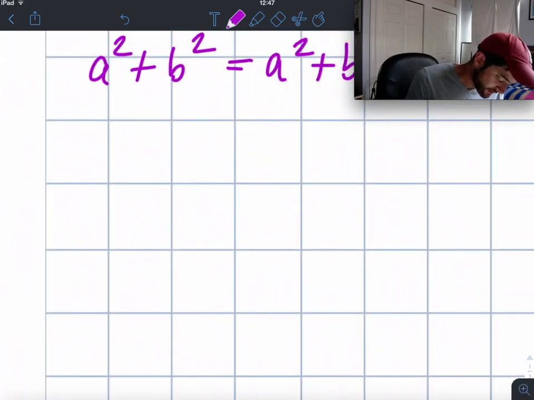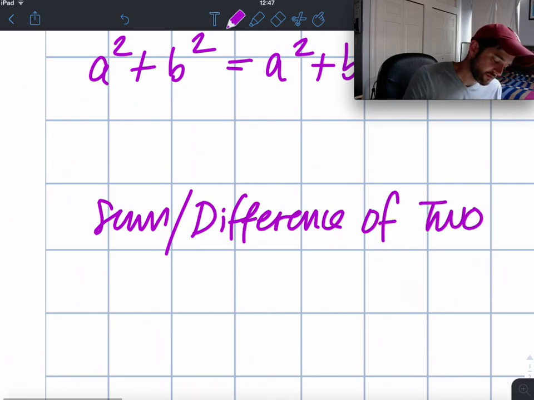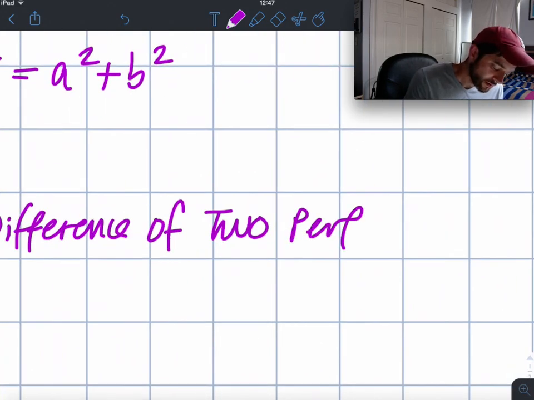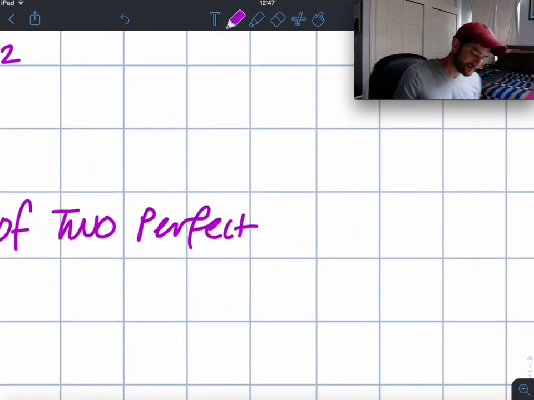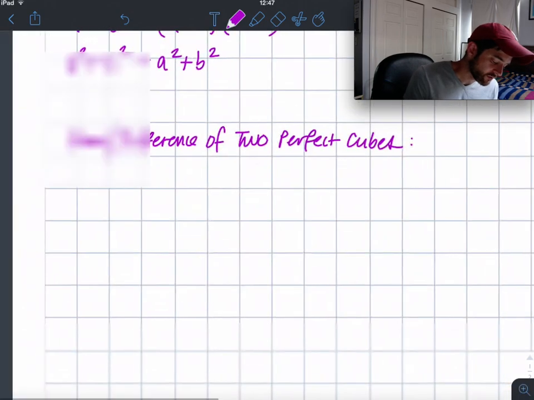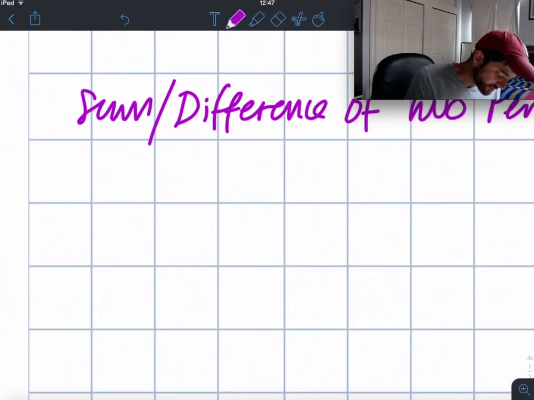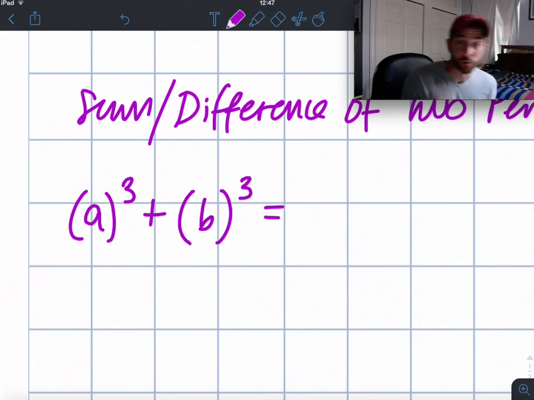So here are your sum and difference of two cubes. And there are easy ways to remember these, because you may not be given this on an exam. The first one is a cubed plus b cubed. And notice I put the a and the b in parentheses.